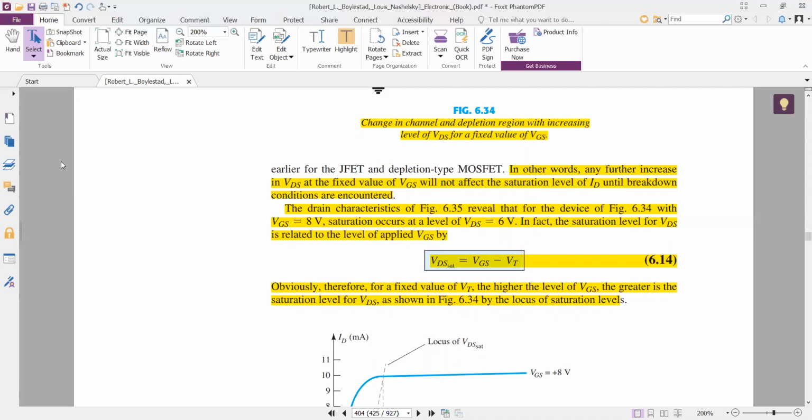So once saturation is reached, any further increase in VDS at the fixed value of VGS will not affect the current flowing from drain to source. Current will remain the same at the saturation point. So what will happen if we increase the drain to source voltage more and more?